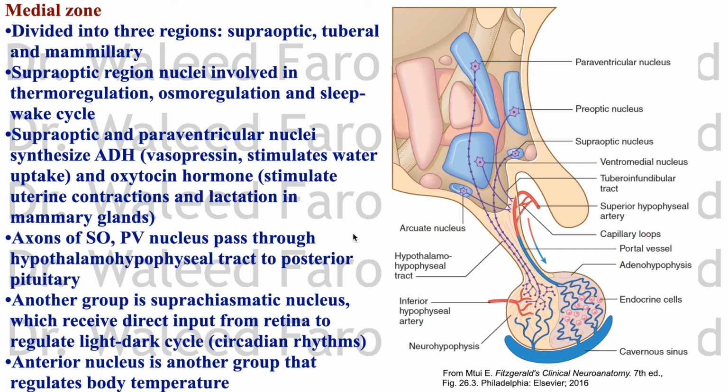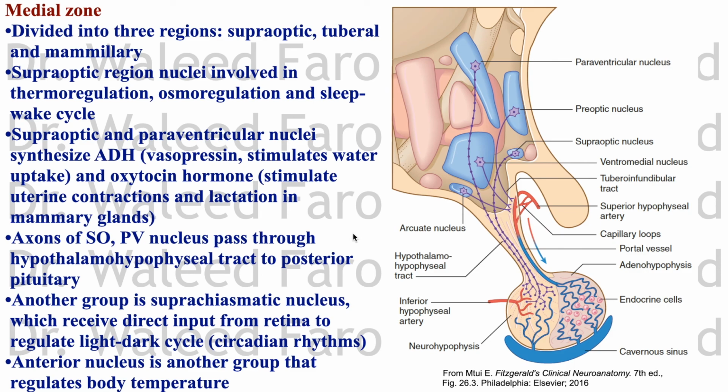And oxytocin hormone, as we studied before, is responsible for ejection of milk from breasts and for uterine contractions. And remember, there is a difference between ejection of milk and formation of milk. The formation of milk is carried out by prolactin hormone, not the oxytocin.